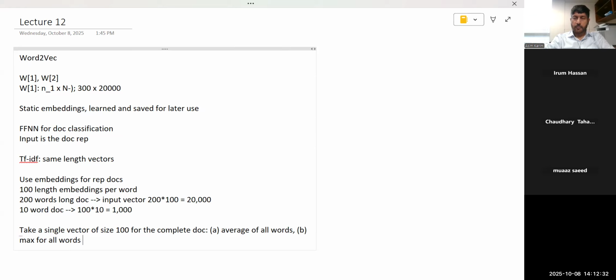This would work well in some cases, but usually the issue is that if you average the embeddings of words in a document, first of all, you lose the sequence information because you don't know which word comes before the next word. And secondly, the various representations of all those words would be averaged up. So that might be appropriate for your classification problem or any other problem, or it may not be. So you will have to try it out and find out whether it works or not.